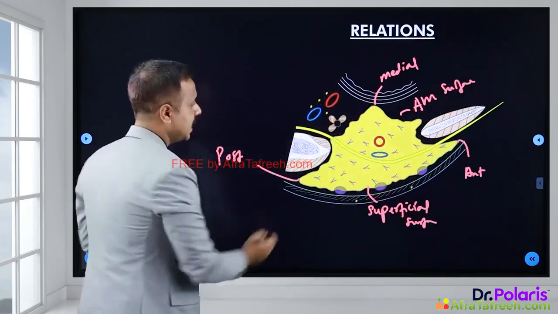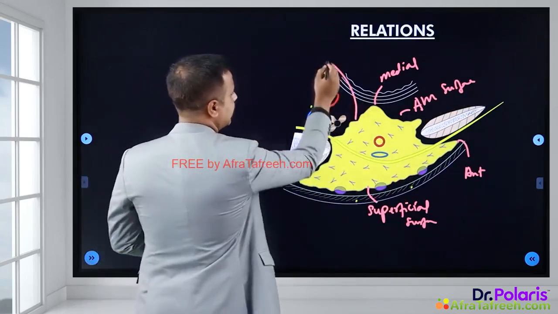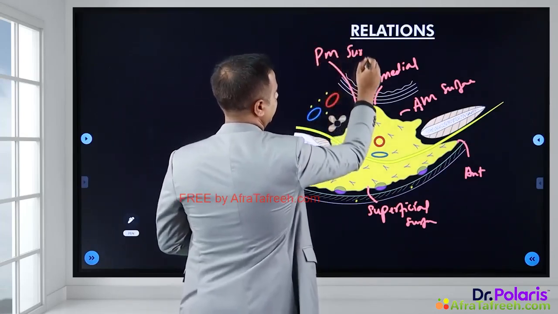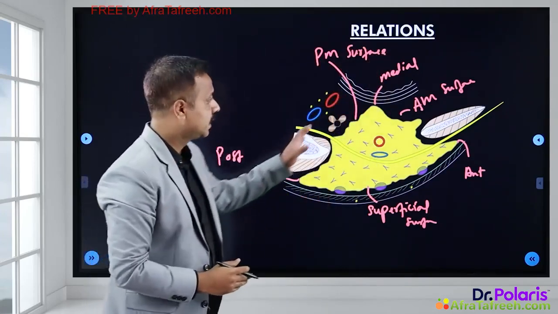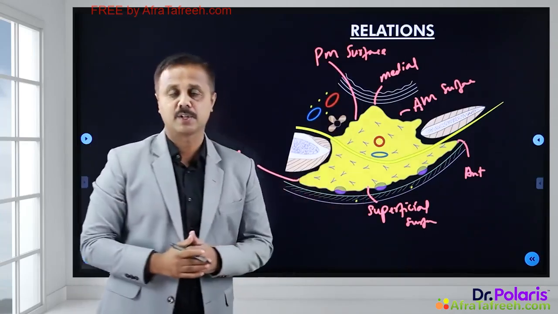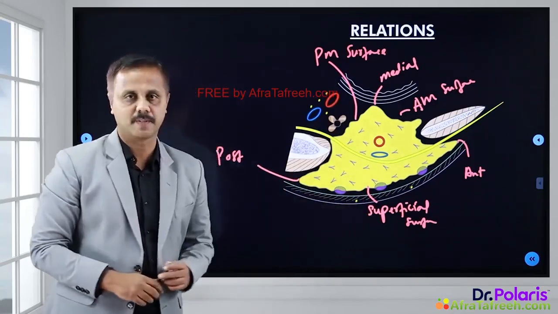Right? Similarly, the surface between the medial border and the posterior border, this surface is referred to as what? Posteromedial surface. This is how we identify the surfaces and borders. Let's try to identify the relation of each of these surfaces now. Let's begin with the superficial surface.